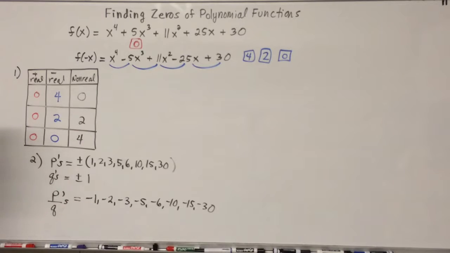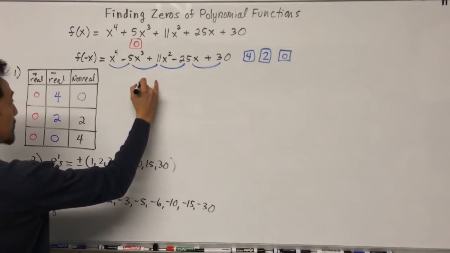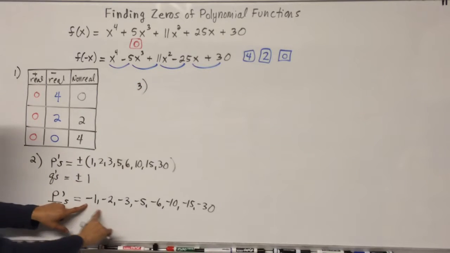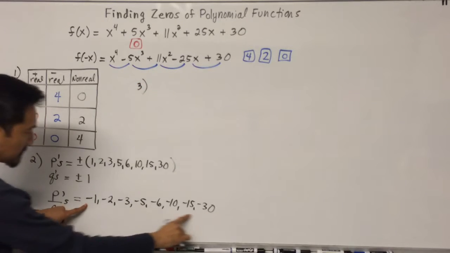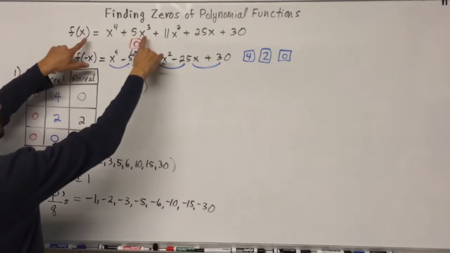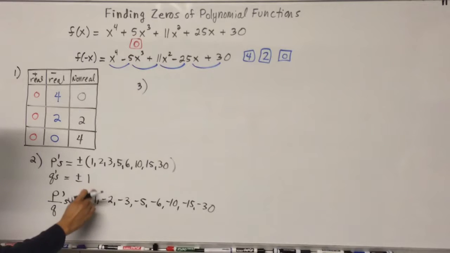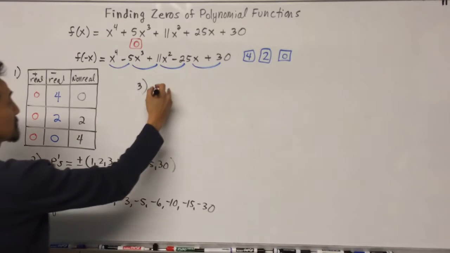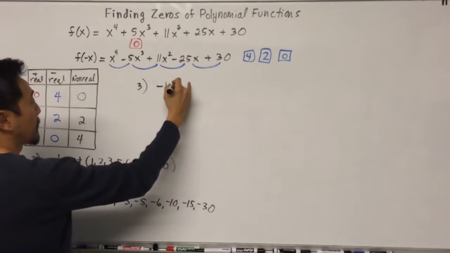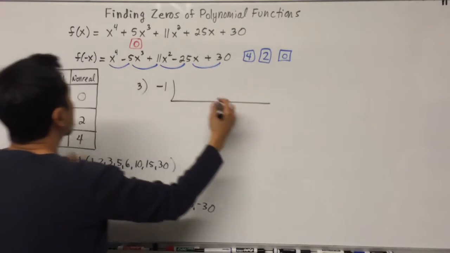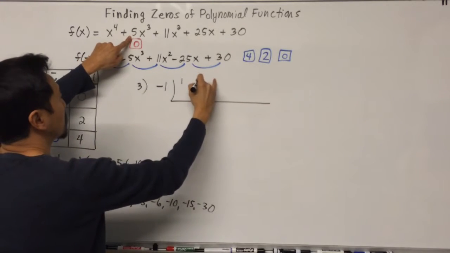Okay? So now, as our next step, we're going to see from this list of possible zeros which ones actually are zeros. And I'm going to begin by using the numbers with the lower absolute value. So I'm going to start with the -1. So now use the coefficients of f.